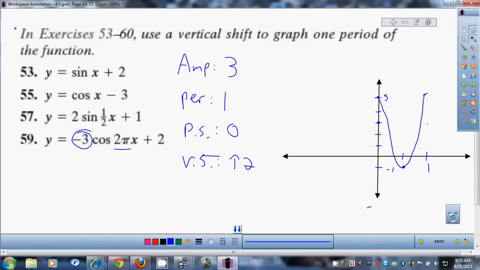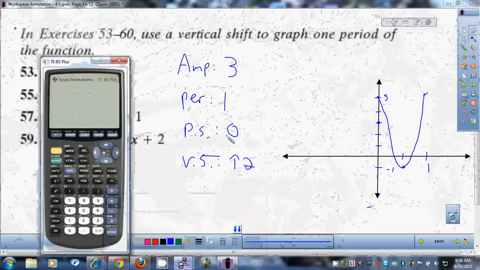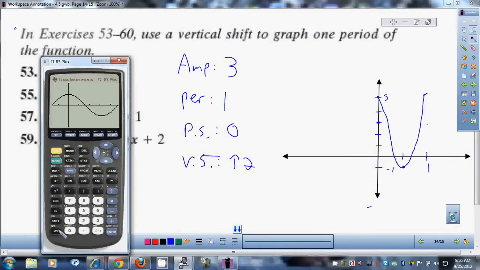Let's see if we're right. Alrighty. I used a window from 0 to 1. I went from negative 1 to 5. Oops, darn it. Forgot to do my scale. Negative 1 to 5.